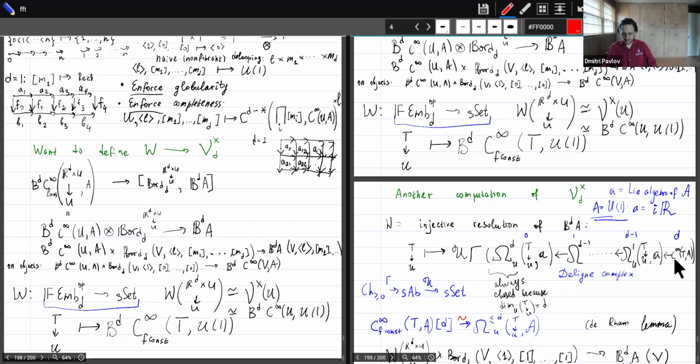Vanishing fiber-wise differential means your smooth function is fiber-wise constant. A function with a vanishing fiber-wise differential is precisely a fiber-wise constant function. So in this degree, the cycles in degree d will be precisely fiber-wise constant functions. In all other degrees, you have vanishing homology. So altogether, you see you have a quasi-isomorphism.